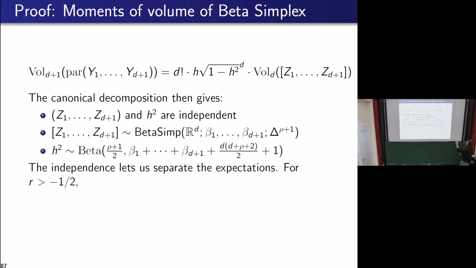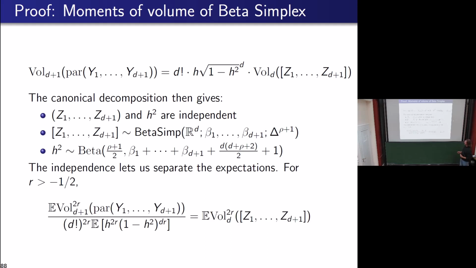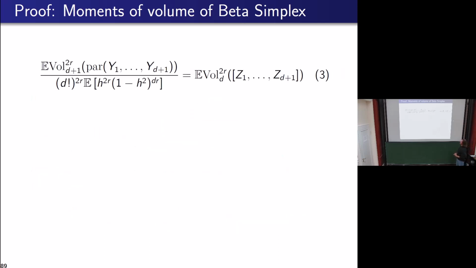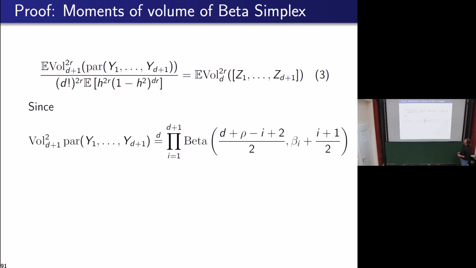So we can take expectations, separate the expectations, and since we're going to study moments, we're going to introduce the parameter for the moments, which is going to have to be larger than 1/2. And rearranging them, so putting everything on the left-hand side, gives us this. And the left-hand side of this is actually explicit, because the volume of the parallelotope has been identified earlier to be the product of beta variables.